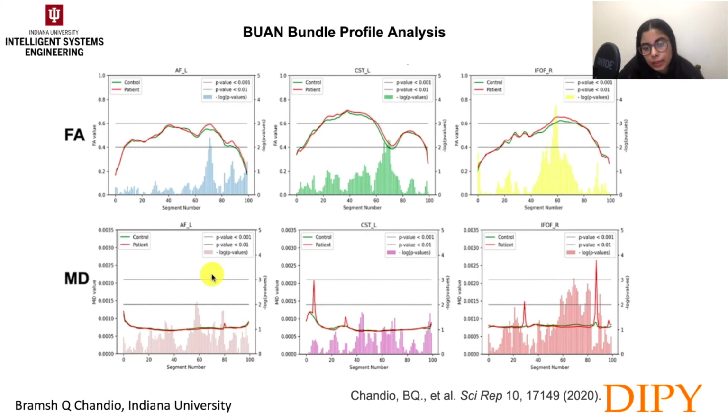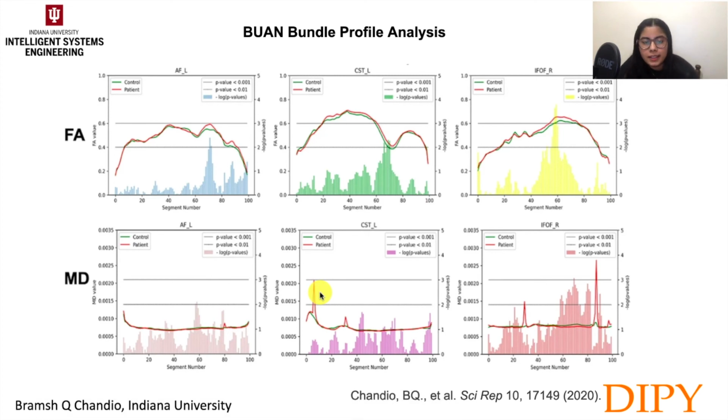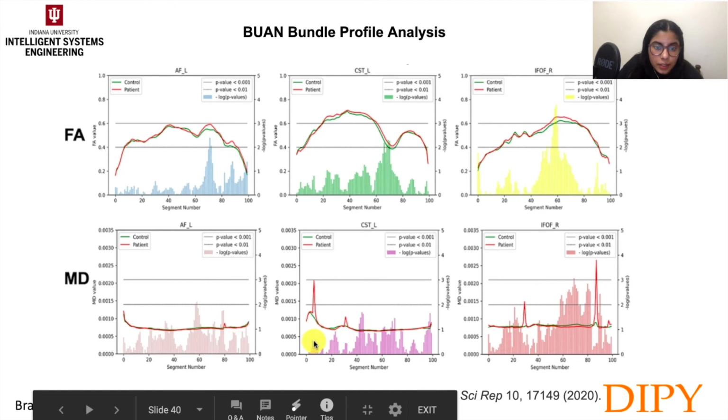And if we look at the MD, since MD has very small values, if there is just one outlier, we will have a spike in the mean, as we can see here. In the case of CST, around the 10th segment, we see there is a spike, which happens because there were one or two outliers that had higher value of MD here.